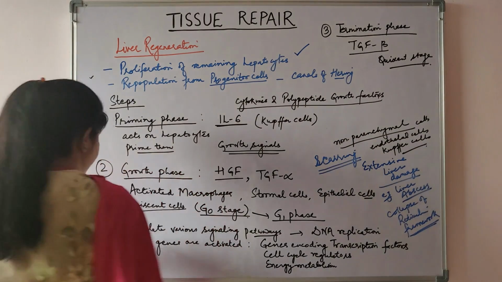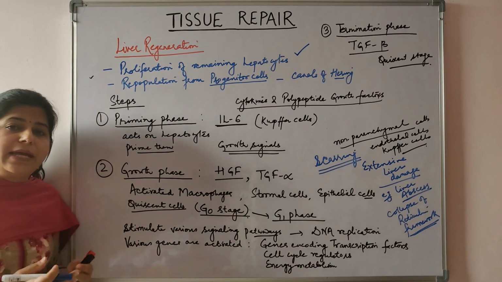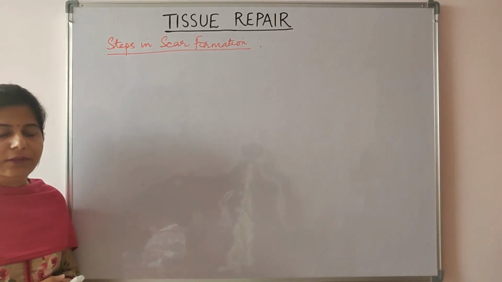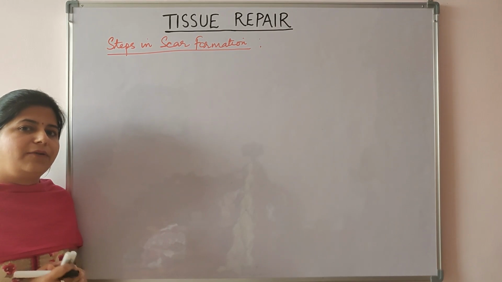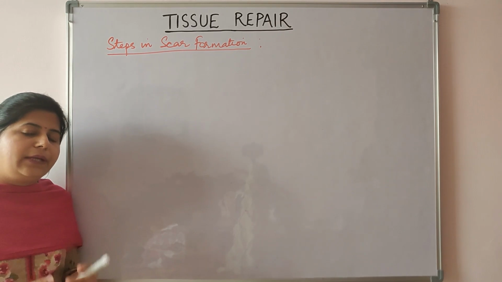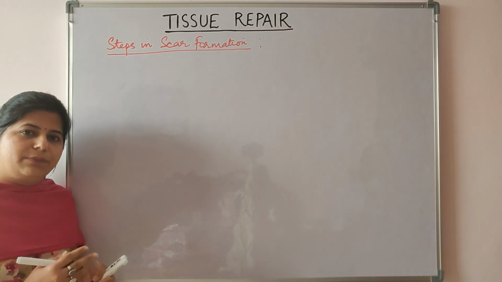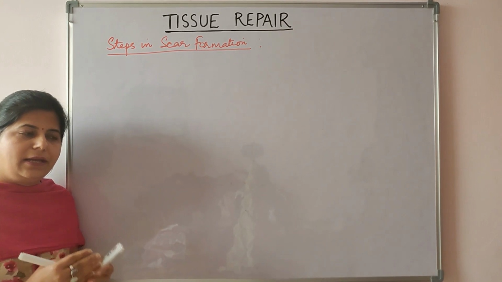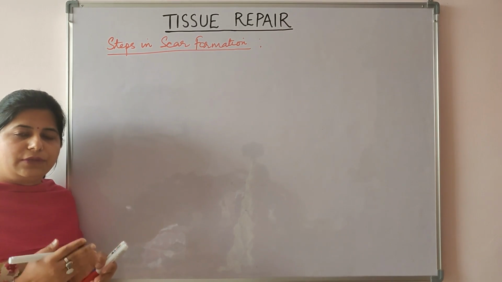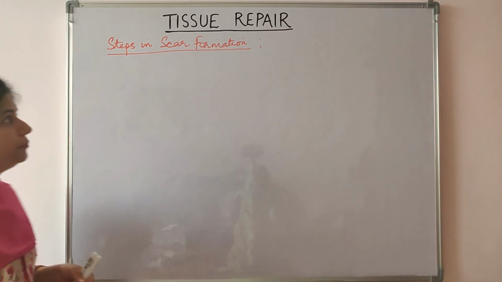Now let us see the steps in scar formation. If repair cannot occur by regeneration alone, then it occurs by replacement of the damaged cells by connective tissue deposition, which is called scar formation.